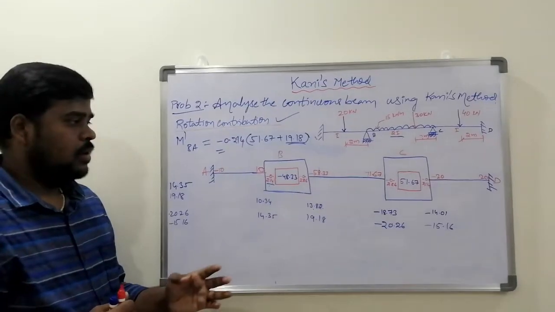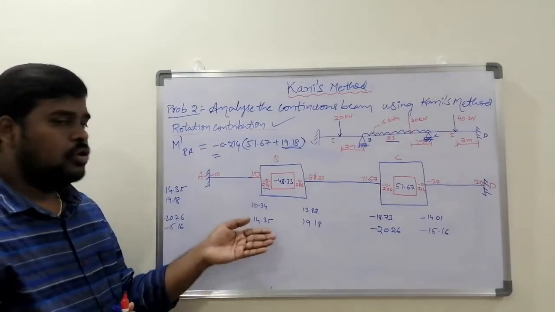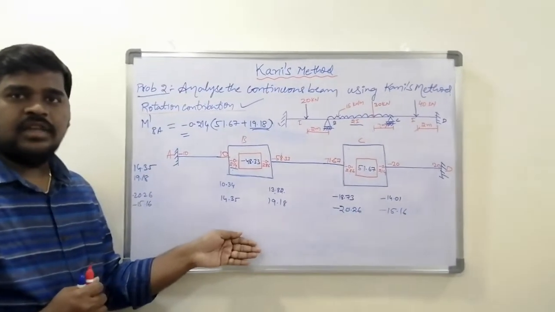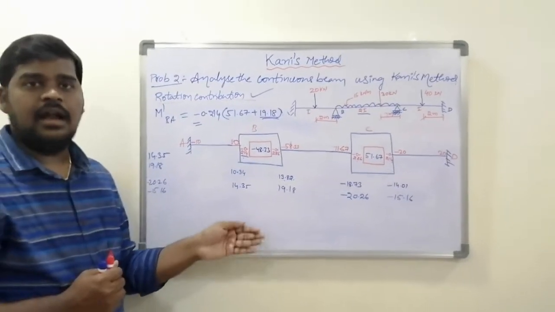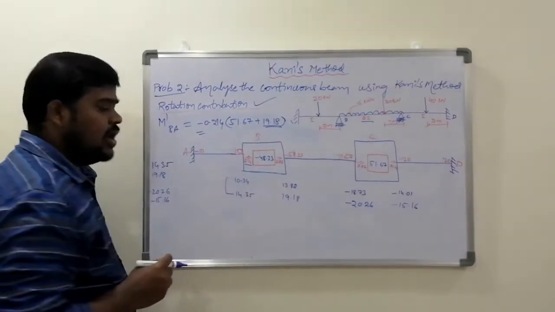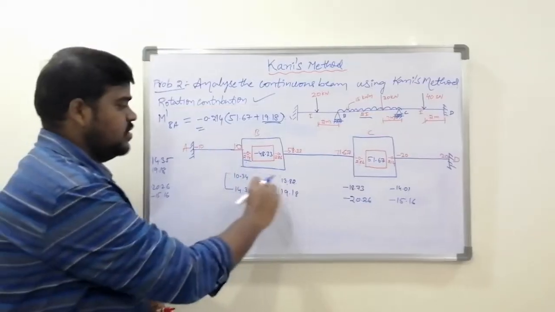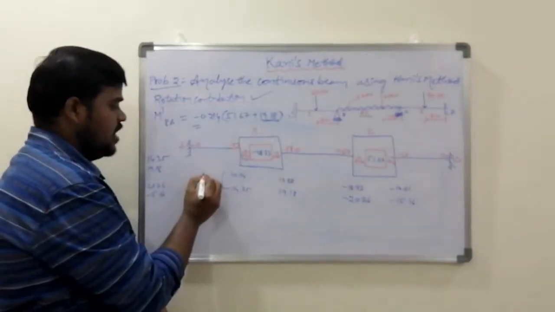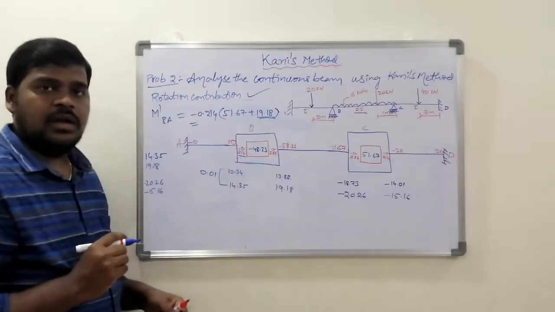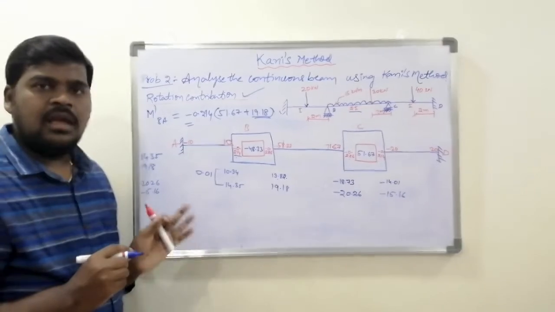Similarly we have to do the third cycle and also the fourth cycle, and if necessary the next cycle, until the difference between these two values of all the cycles is very small, that is 0.001 or 0.01, then the final values will be taken.